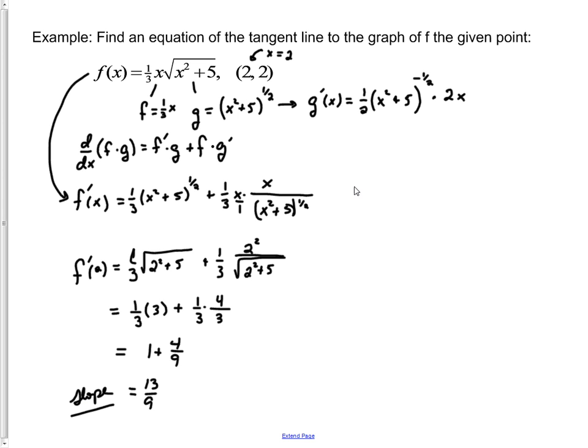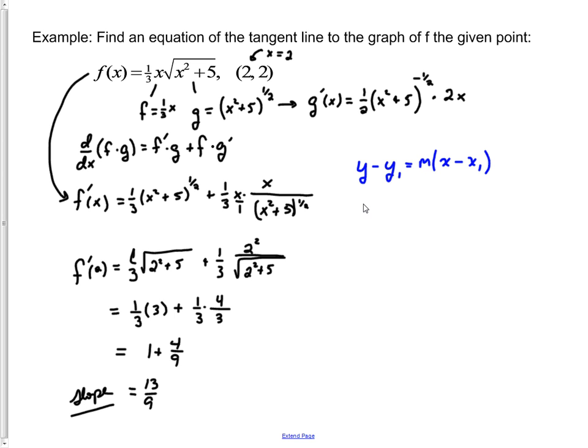Now we actually need the equation of the line, and if you recall, the equation of the line can be written in point slope form: y minus y1 is equal to our slope m times x minus x1. So we're going to make the proper substitutions.